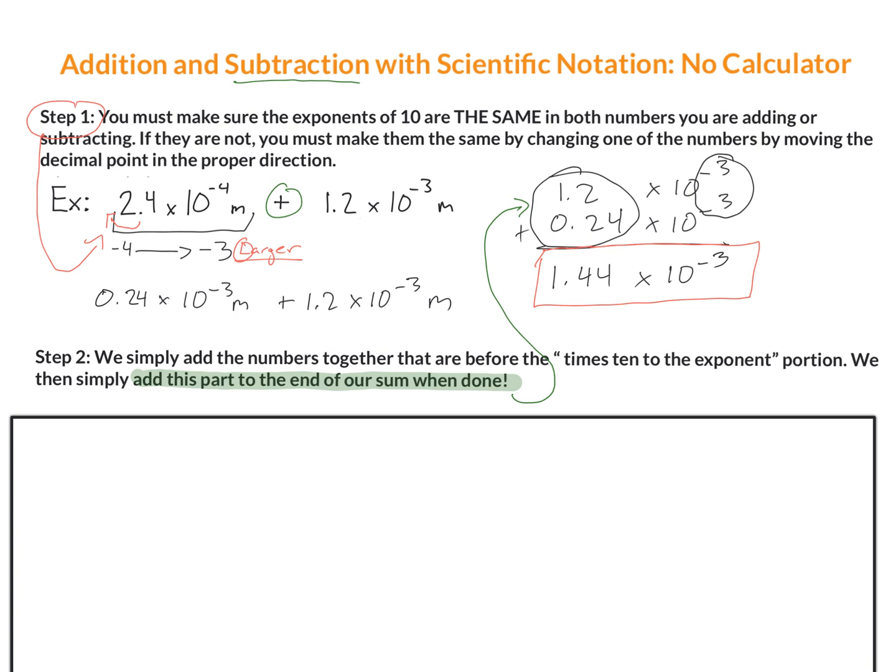I will add one thing to this. Whenever we get an answer and the decimal point is not just to the right of the first non-zero number, we want to move it there and change our exponent accordingly.